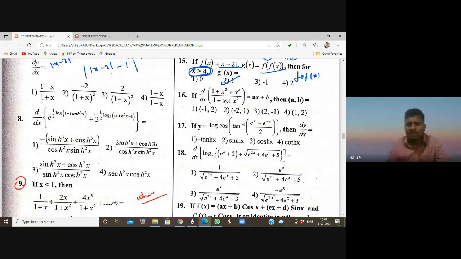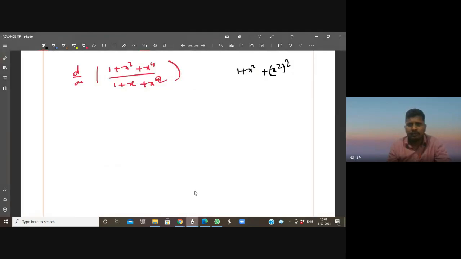Shall I write it like this somehow? 1 plus x square plus x power 4, shall I write it as (1 plus x) plus x square, into x power 4 is there, no?